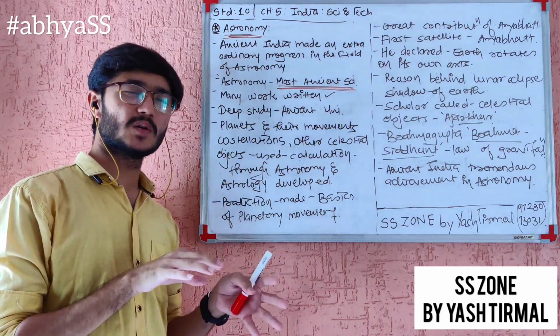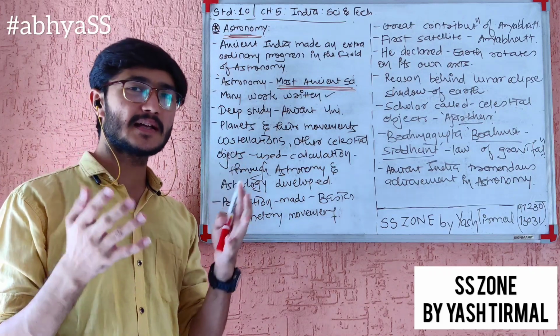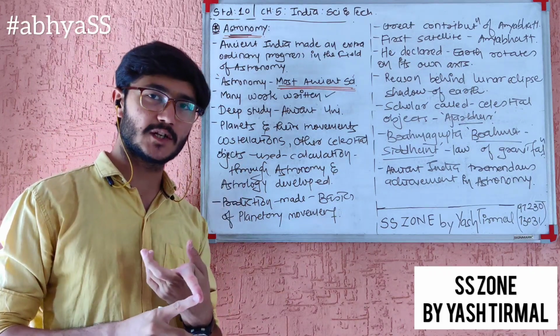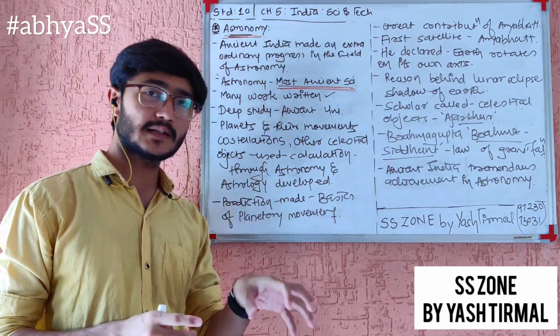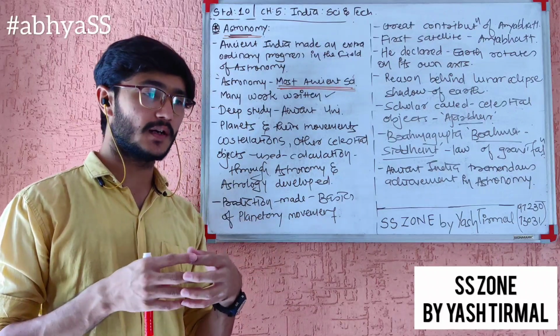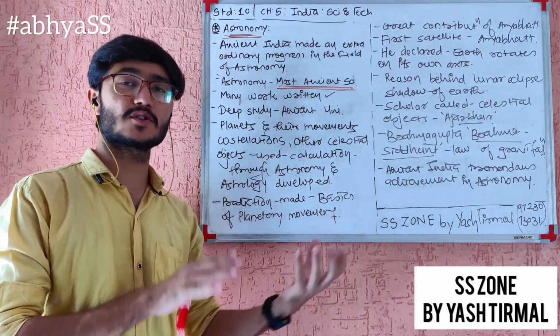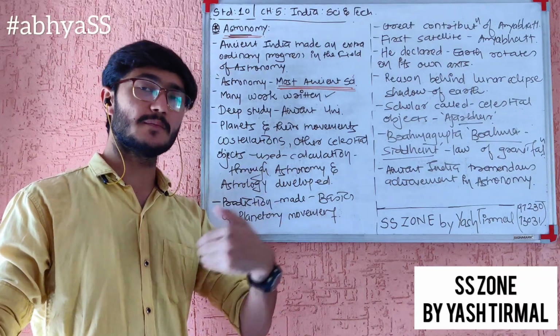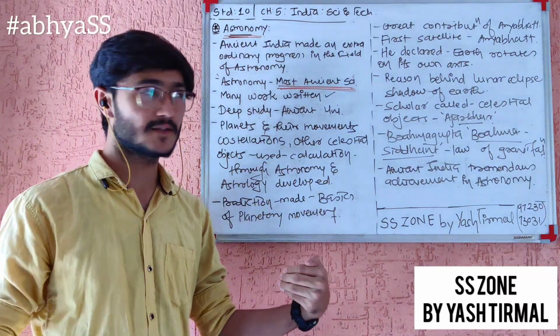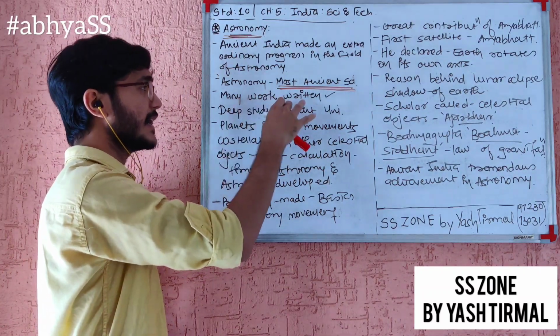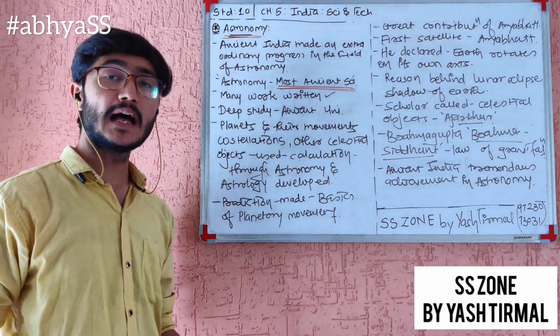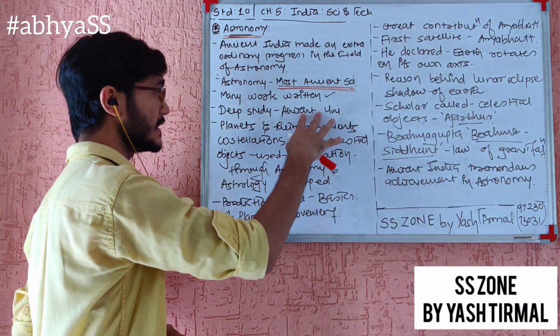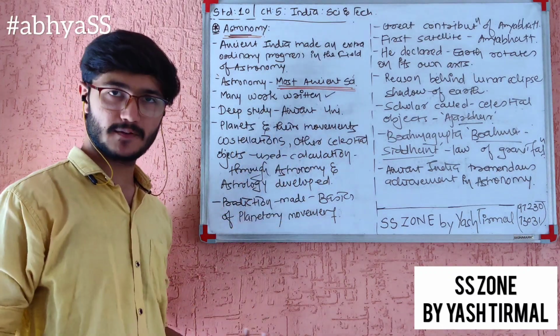So from this we can imagine that if it is the most ancient, then obviously more content is written about astronomy as compared to other sciences, because astronomy is much older than the other sciences. Hence, many works have been written on astronomy, and in our ancient universities it was deeply studied as well.